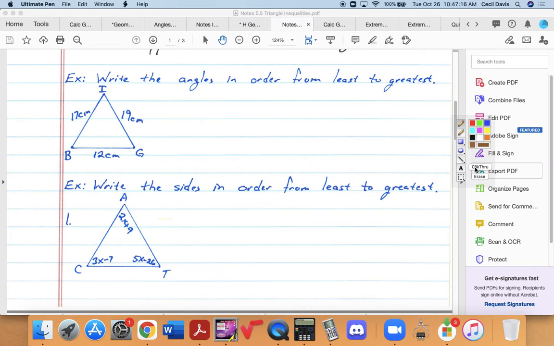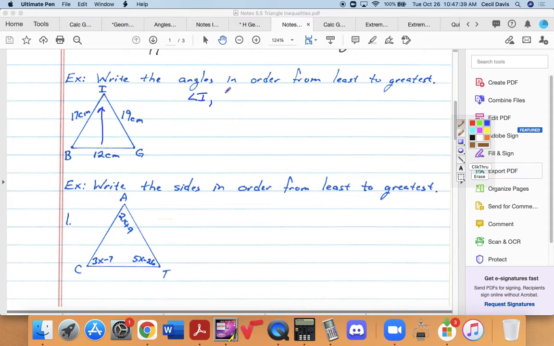All right. So we want the smallest angle. Well, where is the shortest side? BG. So the smallest angle is angle I. What is the next biggest side? BI.